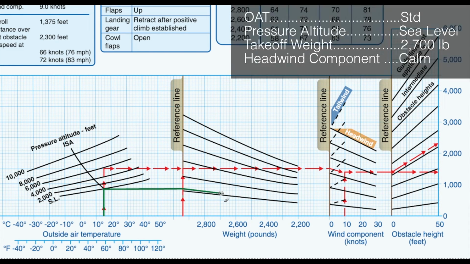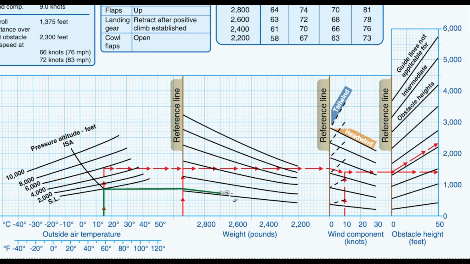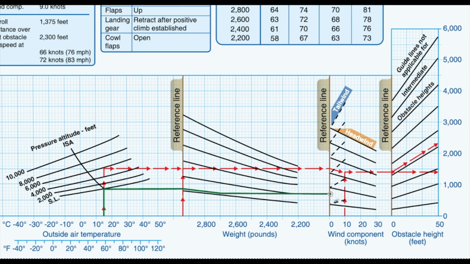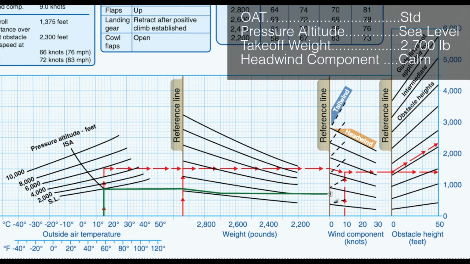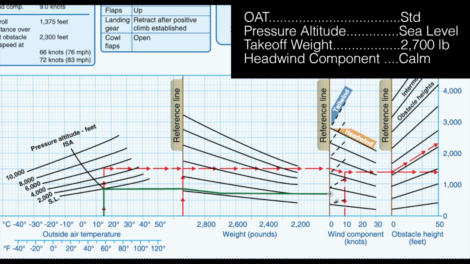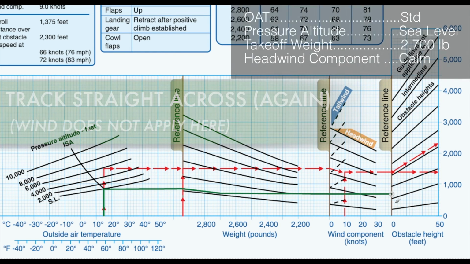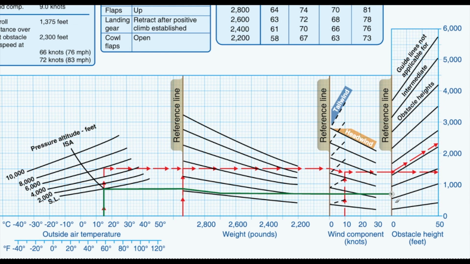Once we have reached the point of 2,700 pounds, we will then track straight across from there to the next reference line. Now entering the wind section, our given wind conditions state that winds are calm, so we will track straight across all the way to the next reference line since we don't have a headwind or tailwind that applies to this situation. If we did have winds, we would again track parallel along these lines as appropriate.